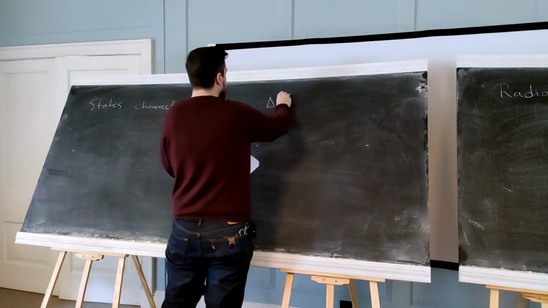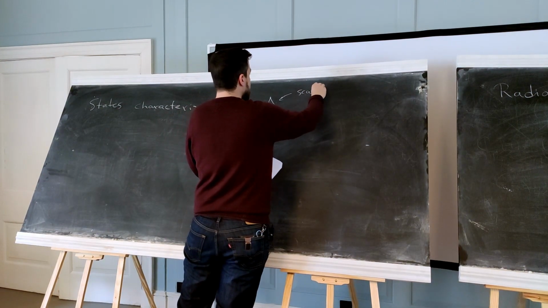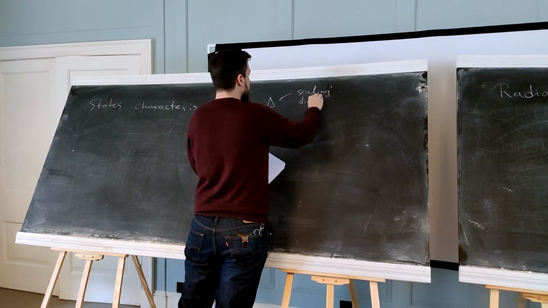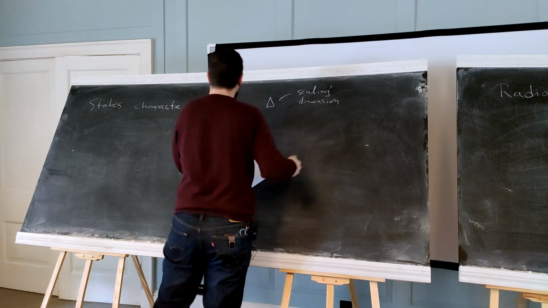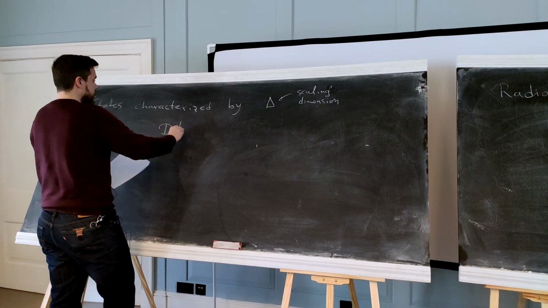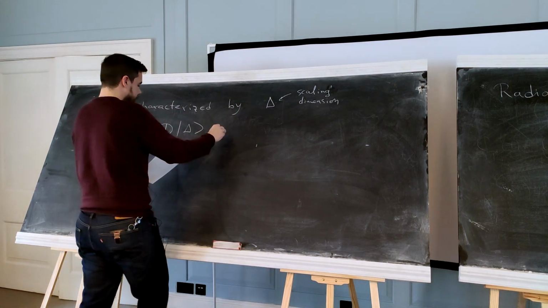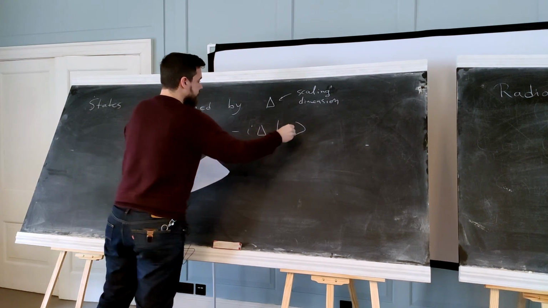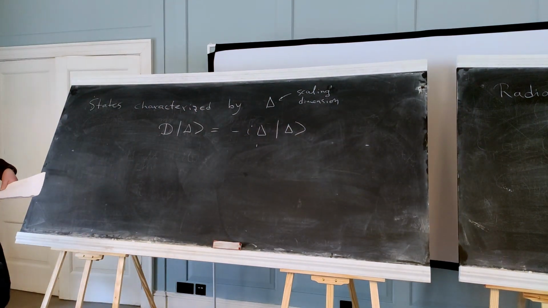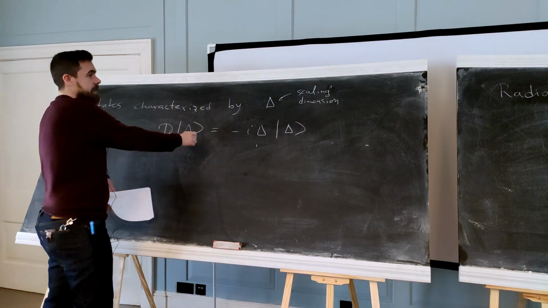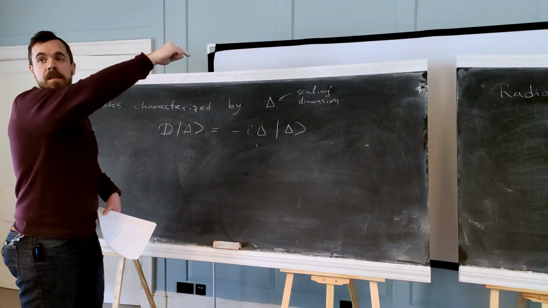And this delta I will call typically scaling dimension or dimension of the operator, of the state, rather. And I will write equations like this, where D acting on the state delta is minus i times delta times the state delta. Okay? So eigenstates of the dilatation operator will be the states I define on those spheres.